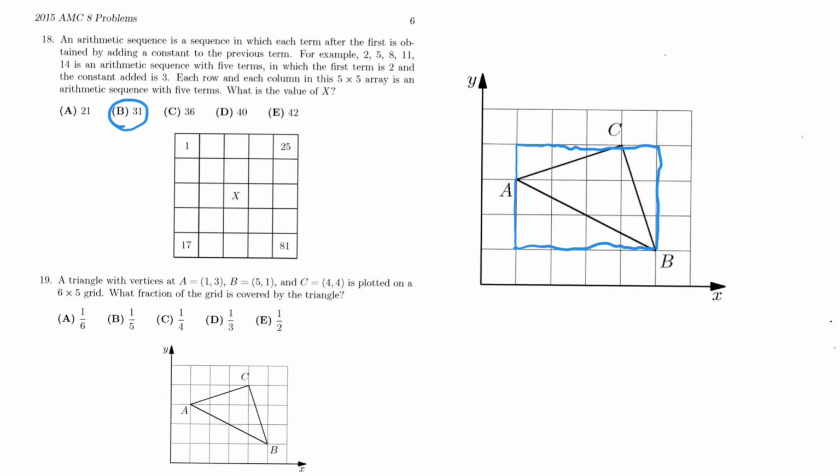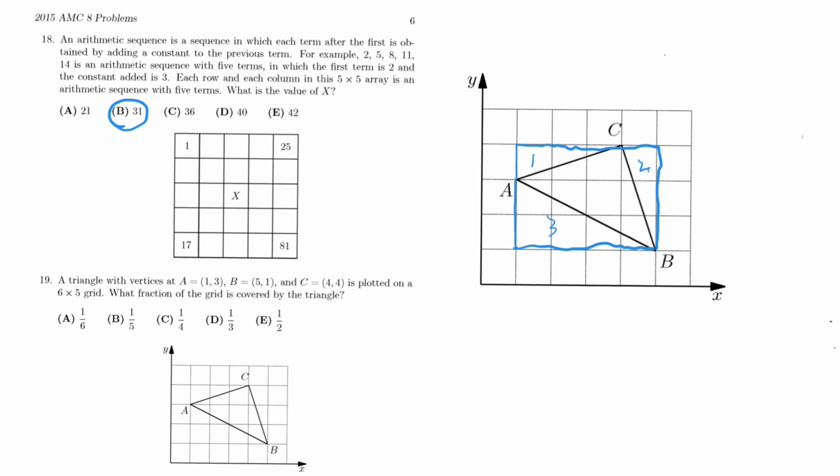To find the area of ABC, we use the area of the rectangle minus the three triangles, part 1, part 2, part 3. Use the rectangle area minus triangle 1, triangle 3, and triangle 2 area, and then we can get the area of triangle ABC.